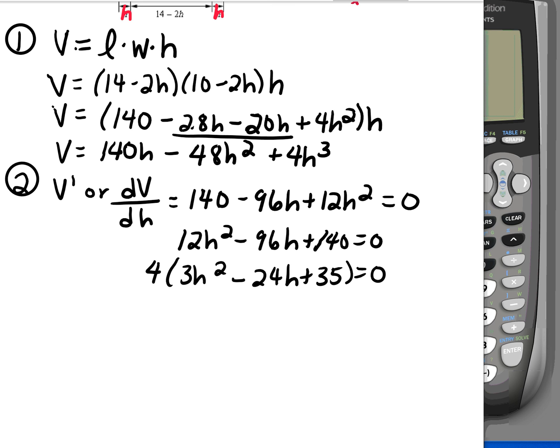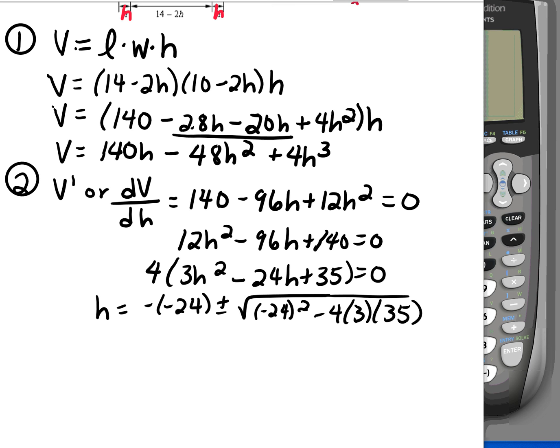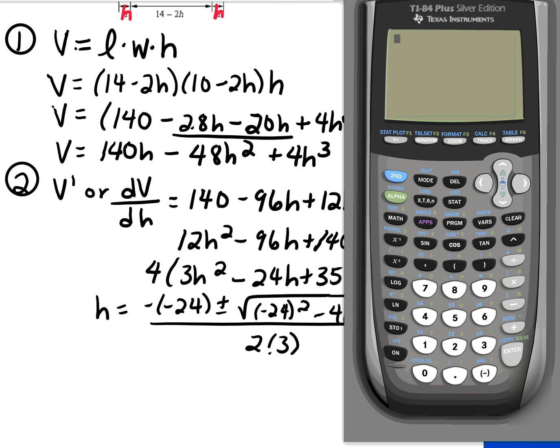Even though we do that, we are going to need the quadratic formula, so it'll be negative 24 plus or minus the square root of negative 24 squared minus 4 times 3 times 35, over 2 times 3. And you can put that in the calculator all in one shot.